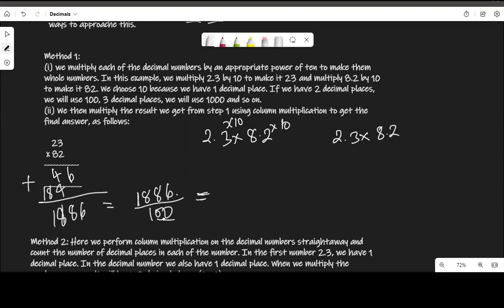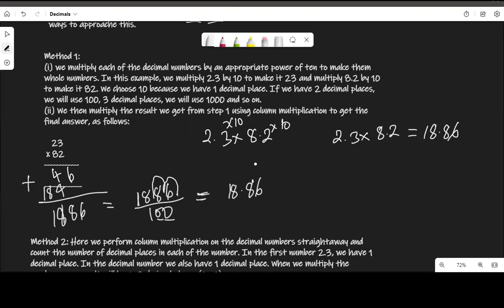Because I have 2 zeros. So if I move this like this and like this, my answer is 18.86. So the product of 2.3 and 8.2 is 18.86. If you are not sure, you can pick up your calculator and do the product.